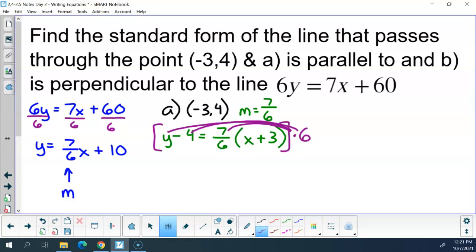So that's going to be 6y minus 24 equals 7 times the quantity x plus 3. That's all one term on the right side. Now we can distribute the 7.